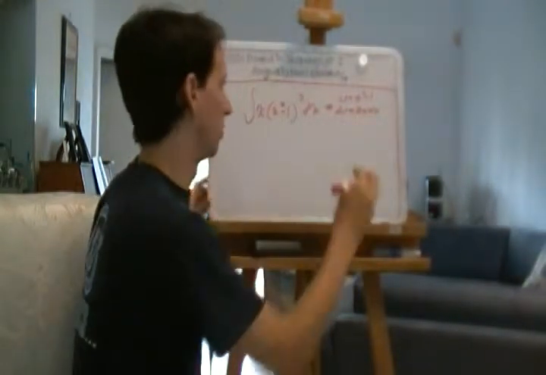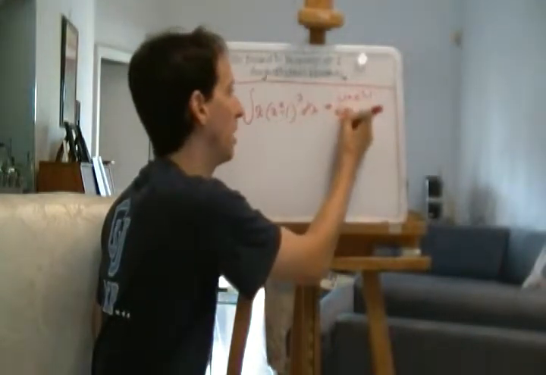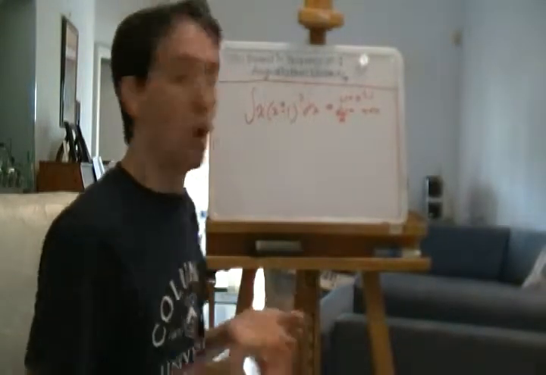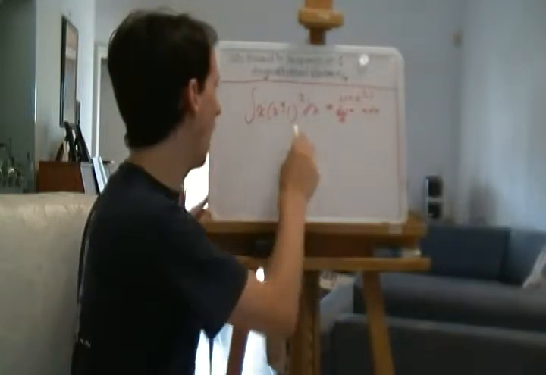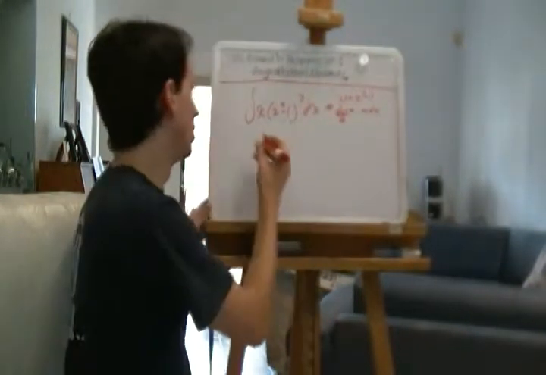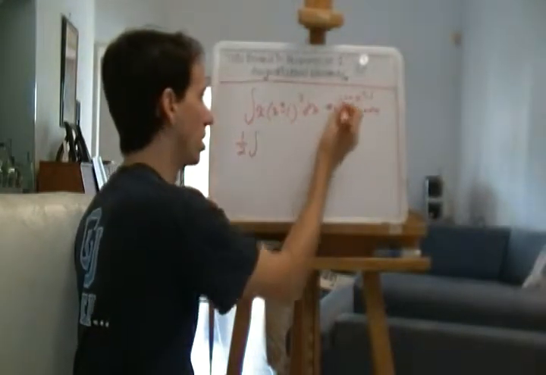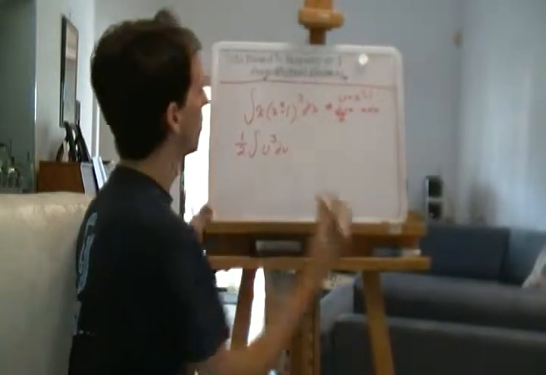Now we can get x dx by itself by dividing du by 2, so du over 2 equals x dx. Well, this is great, because we have x, we have dx, and we've got u cubed. So the new integral is very simply 1/2 times the integral of u cubed du.